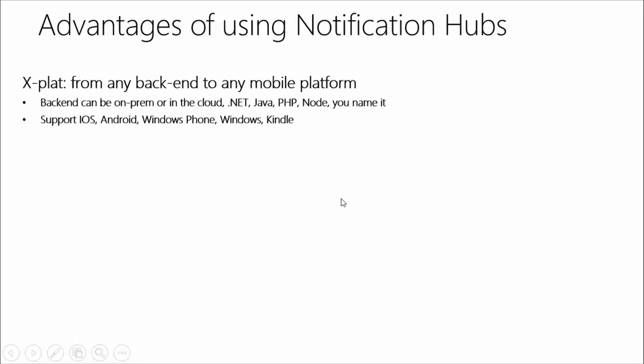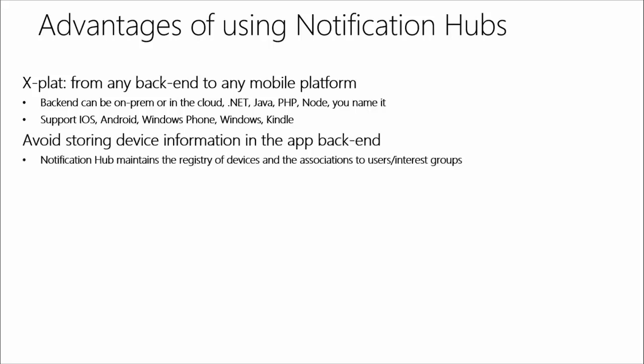So there are a lot of advantages to using notification hubs. One advantage is that it can back almost any platform. Even though the back end is us, the front end can be iOS, Android, Windows Phone, Kindle. So it works on a lot of different devices.